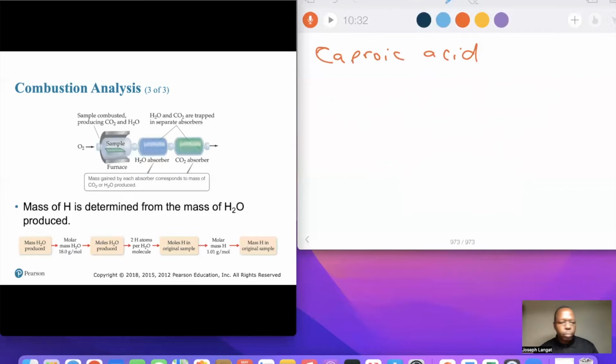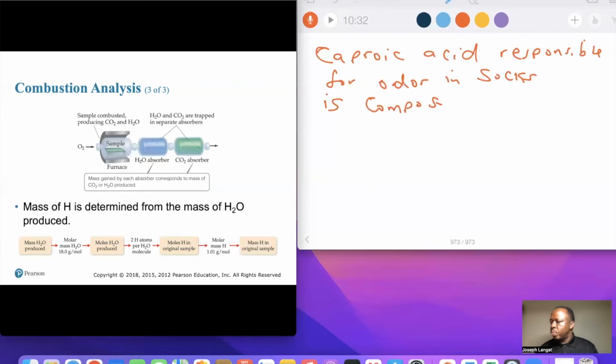Caproic acid is responsible for bad odor in socks. Some people might have that. It is composed of C, H, O, so those are the elements in caproic acid: carbon, hydrogen, and oxygen.